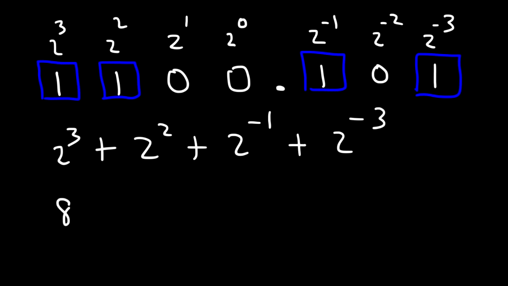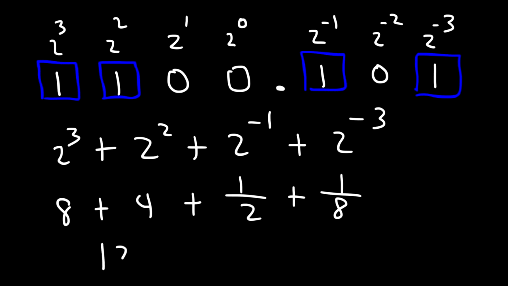Now 2 to the third is 8 and 2 squared is 4. But now what is 2 to the minus 1? We know 2 to the first power is 2, so 2 to the negative first power is 1 over 2. Now 2 to the third is 8, so 2 to the negative third is going to be 1 over 8. And so 8 plus 4 is 12, and then we have 1/2 plus 1 over 8. 1 over 2, if you type that in your calculator, that's 0.5.